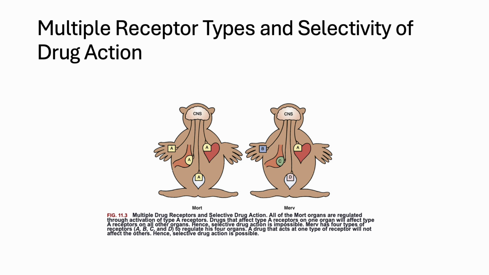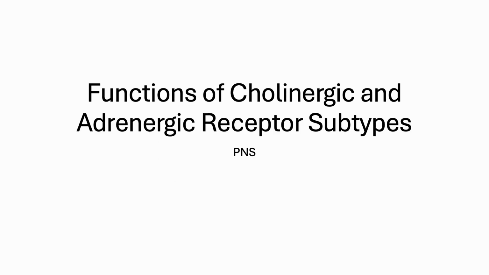Now let's look. Our ability to produce selective drug actions in Merv is possible because the nervous system works through different types of receptors that help us to regulate the functions of the various organs. So now that we understand why we have the different subtypes, let's discuss the functions of cholinergic and adrenergic receptor subtypes.